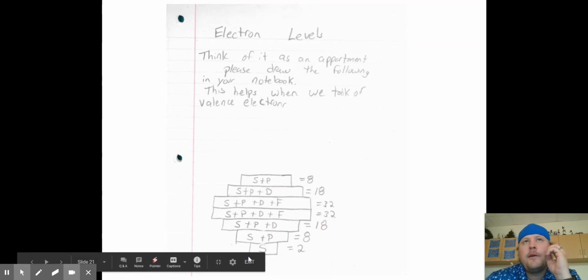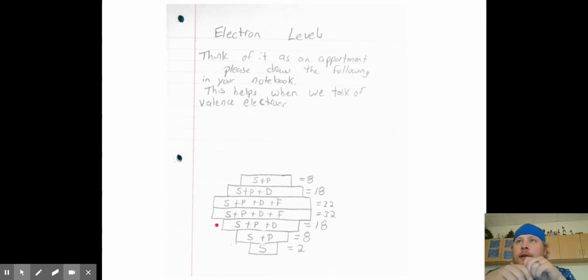So let's talk about our apartment analogy. We already earlier talked about how electrons are kind of like middle schoolers and are kind of just like people in general, where sometimes we're kind of lazy and we want to try to get in the lowest level possible, right? Like if you don't have to walk upstairs, you don't need to walk upstairs.